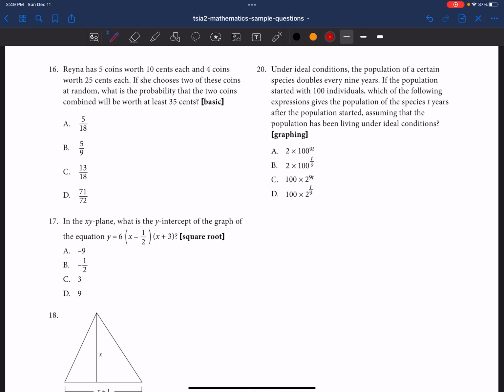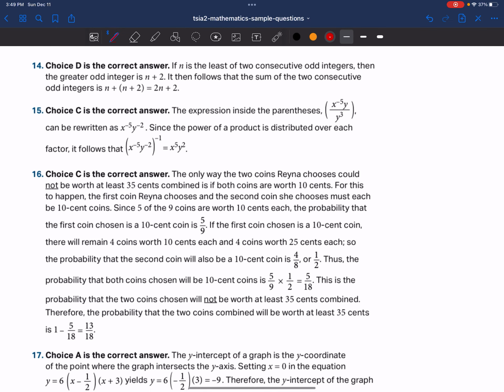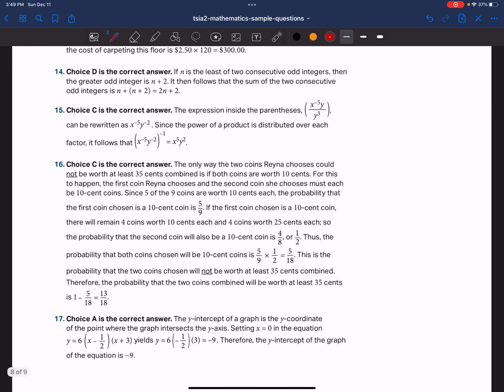What's the probability that you pick a coin worth 10 cents? I feel bad. Because you know what I'm going to do? I'm going to look at the key. Worth 10 cents. Wait, what?